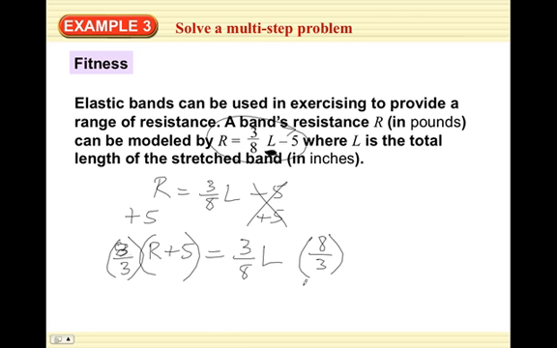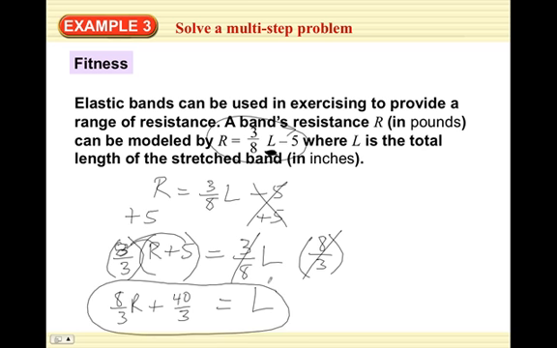So 8/3 times this whole side. These cancel, that's 1L. So L is equal to, if I distribute, 8/3 R plus 8/3 times 5, which gives me 40/3.